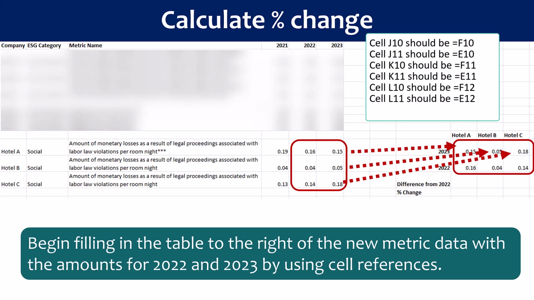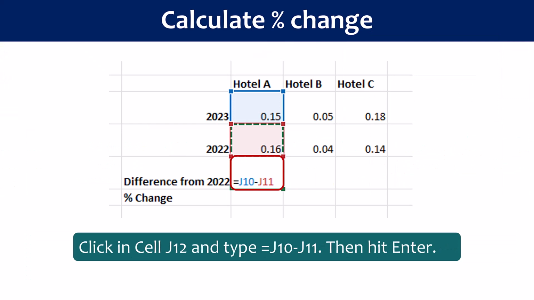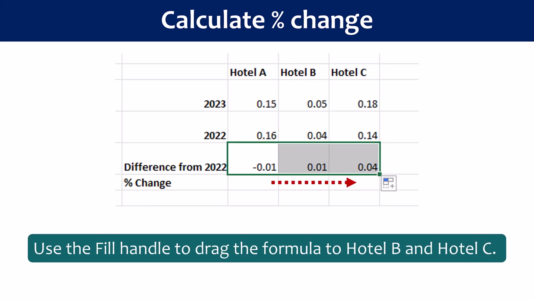You are just transferring the numbers to be in a different order. Next, we will enter the formula to find the difference from 2023. Click in cell J12 and type equals J10 minus J11, then hit Enter. Use the fill handle to drag the formula to Hotel B and Hotel C.